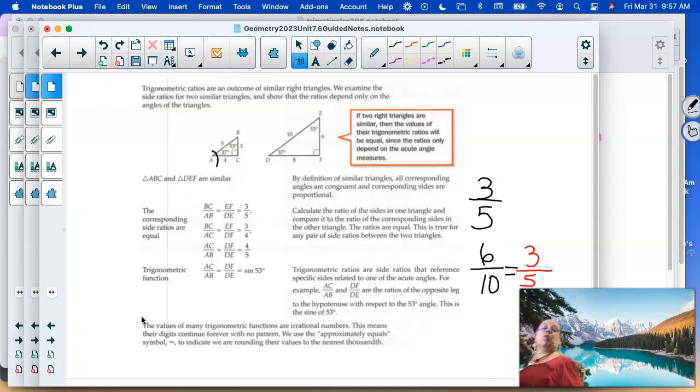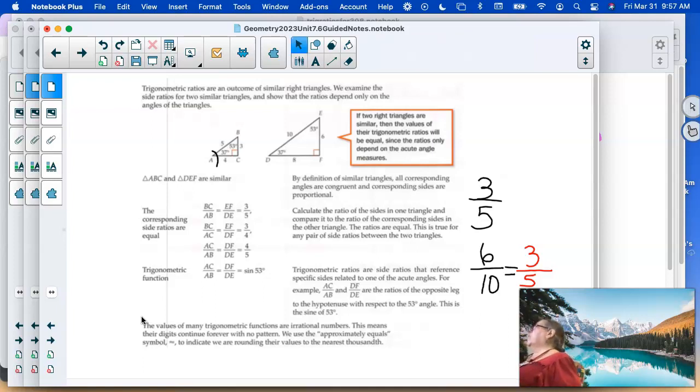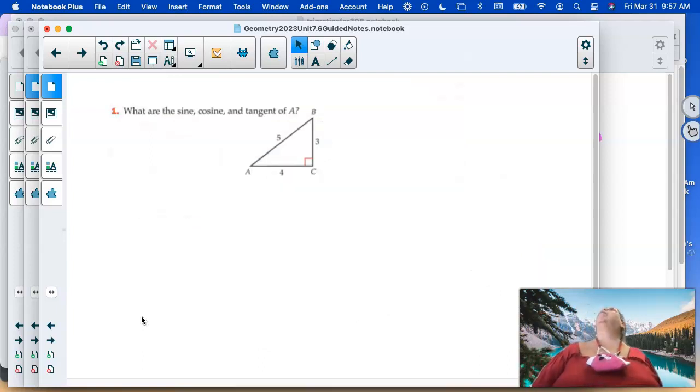Excuse the mistakes. So 6 over 10 is equal to 3 over 5. Any multiple is going to work, and we're going to talk a lot about these, so no stressing.